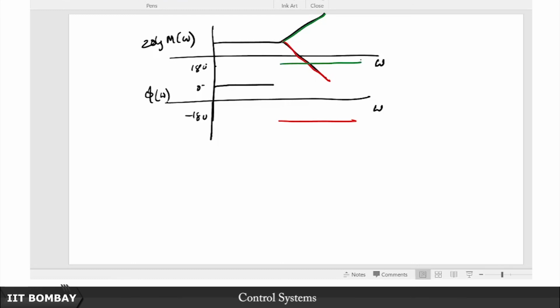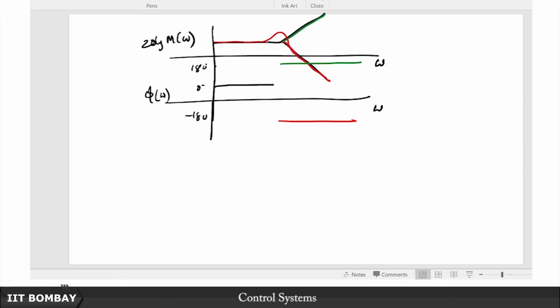But now if you want to account for the zeta, then you will see that as you keep decreasing zeta, for higher values of zeta this will almost be like a first order factor, except that this is 40 dB per decade instead of 20 dB per decade. But as you keep decreasing zeta, what happens is that this resonant peak starts to increase.